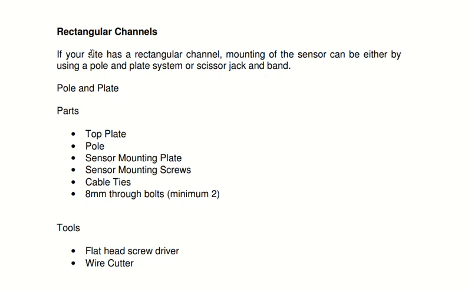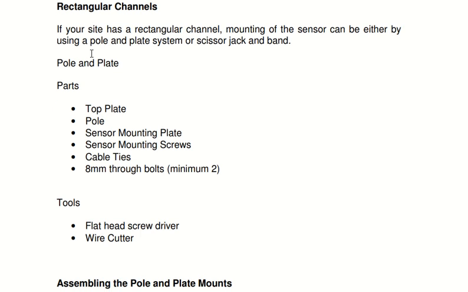And then you will be assembling the pole and the mount plates. So how? First locate and drill at least two 8 mm diameter mounting holes in the top plate. Then anchor the top plate to the channel side using 8 mm through bolts, and attach the sensor to the bottom plate in the same way as mentioned earlier when we discussed the mounting band installation.